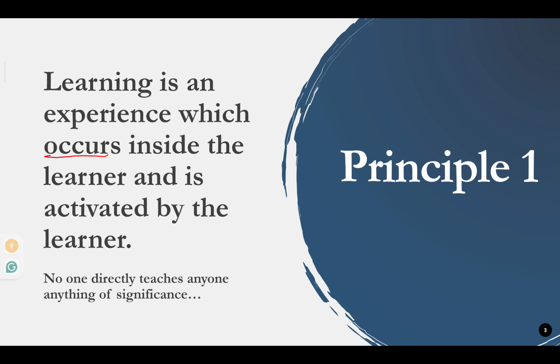Learning has to do with something which happens in the unique world of the learner, and it flourishes in a situation in which teaching is seen as a facilitating process. Meaning to say, the role of the teacher in the learning experience of the children is to facilitate. And when we say facilitate, you assist the people to explore and discover the personal meaning of something. So that's principle number 1.